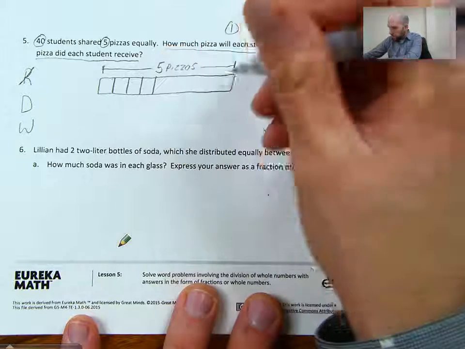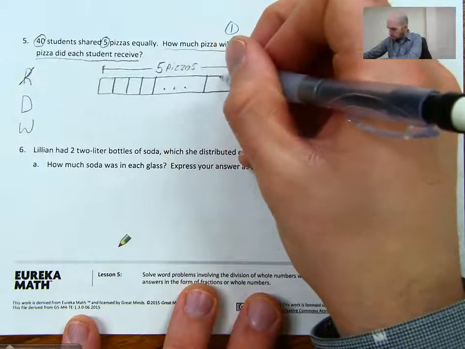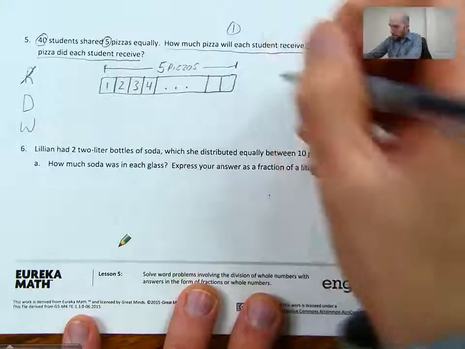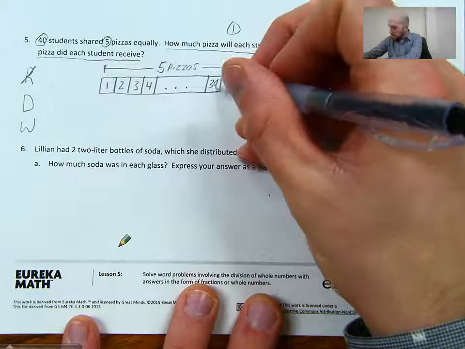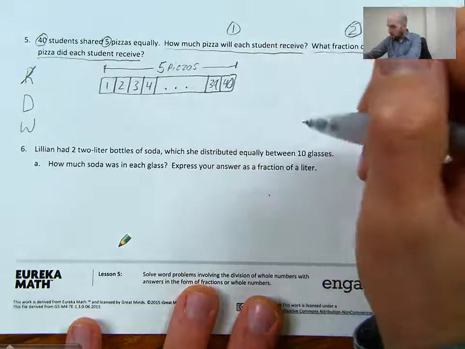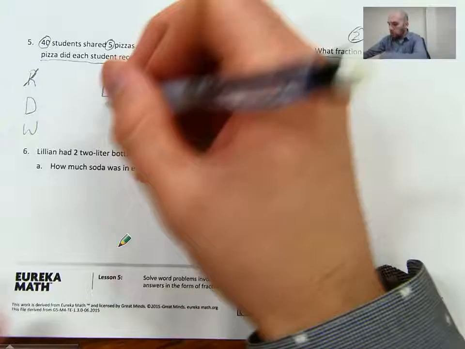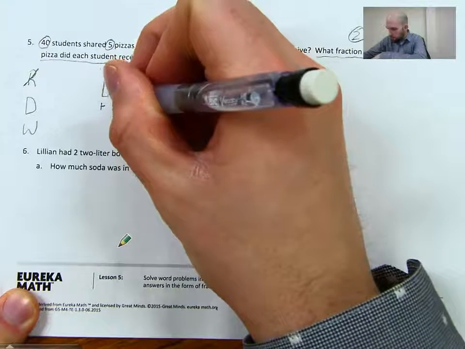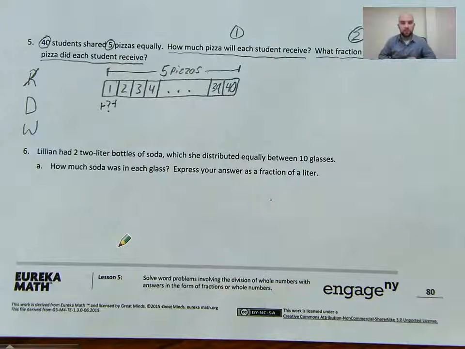I'm not going to draw 40 boxes here. I'm just going to do 1, 2, 3, 4, and then I made these 3 dots, an ellipsis, 39, 40. And I need to figure out how much pizza each student will receive. So how much is in each one of those boxes?